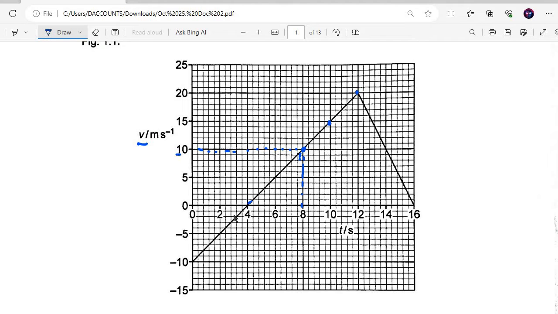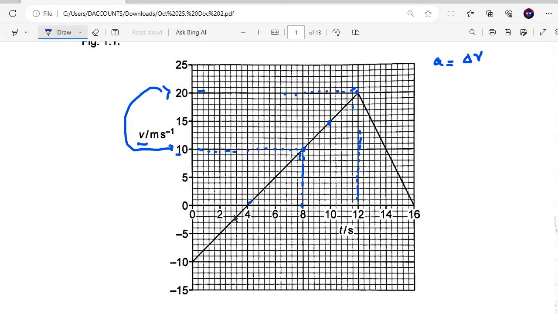Velocity is 10. And let me pick another point, because they are still on the straight line, between 12 and 8, and the corresponding velocities are 10 and 20. What's the acceleration?